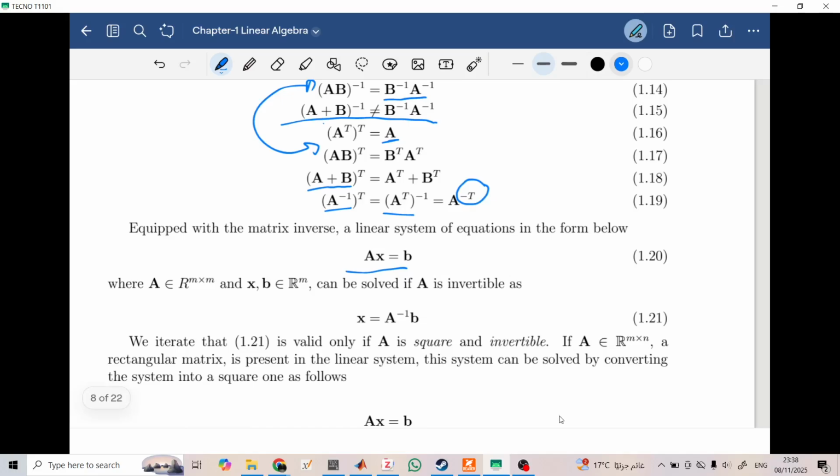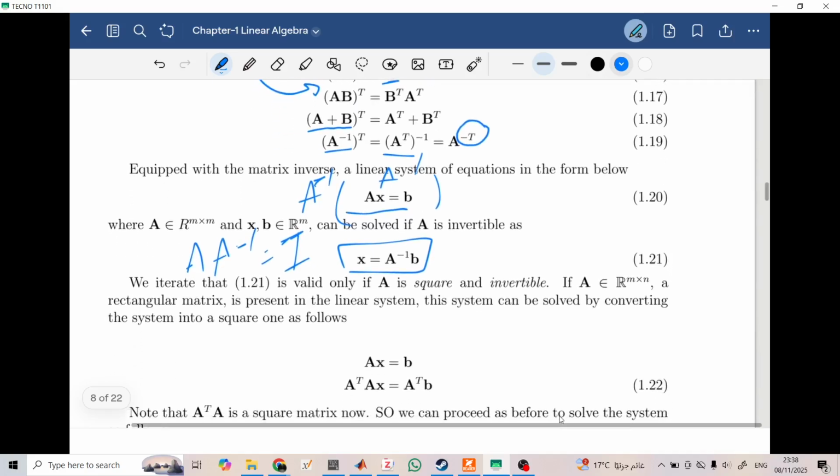Okay, now having said that, we are ready to solve the famous Ax equals b equation. How to do it? We multiply both sides from the left by A inverse here and by A inverse here. So we get here A times A inverse equals what? Identity. Identity times x is x, and we are left on the right hand side with A inverse times b.